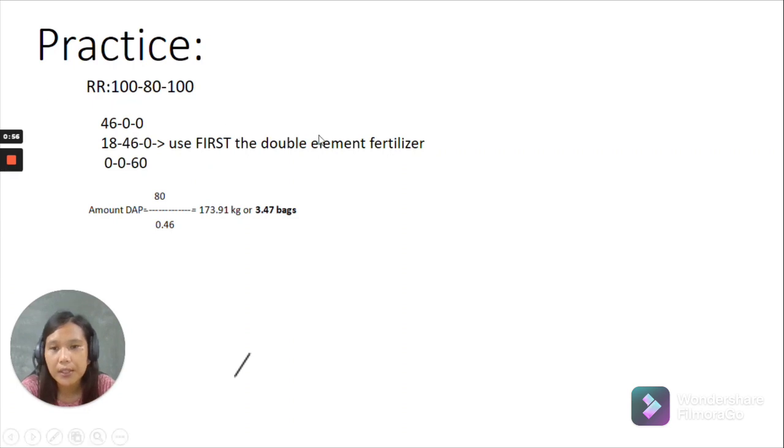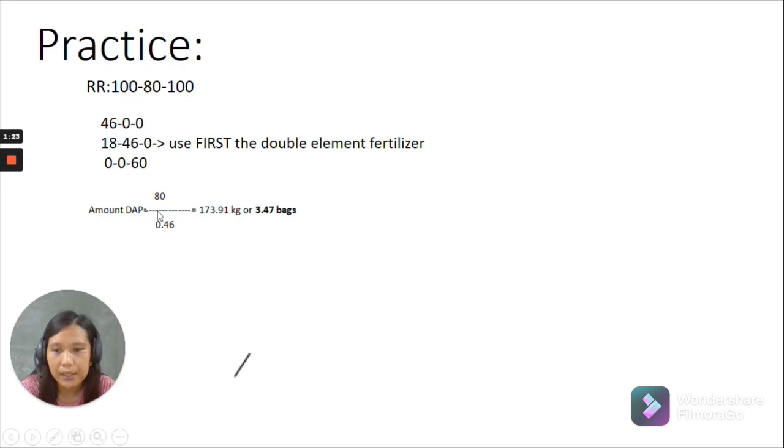So, use first the double element fertilizer, diammonium phosphate, 18-46-0. It is the only one carrying the phosphorus, 46. So, the amount of diammonium phosphate is equal to 80, the recommended rate, divided by 0.46, the grade analysis of 18-46-0 in decimal.